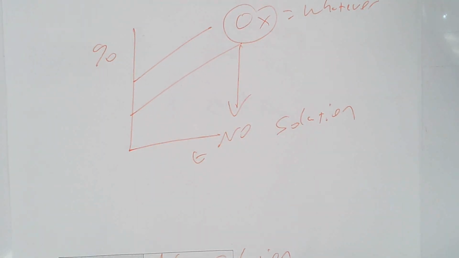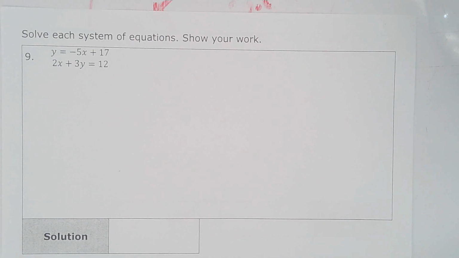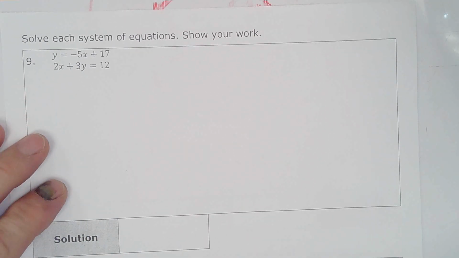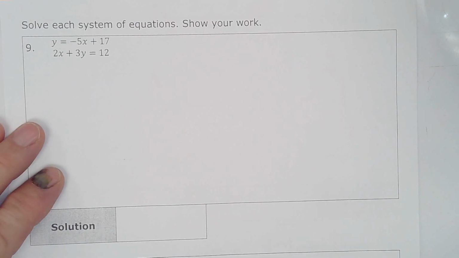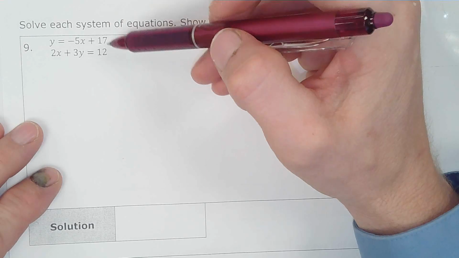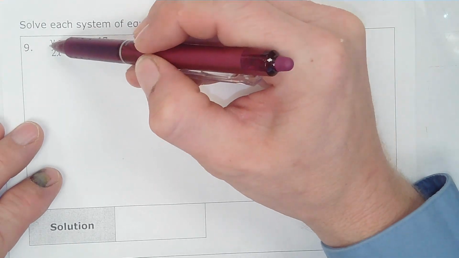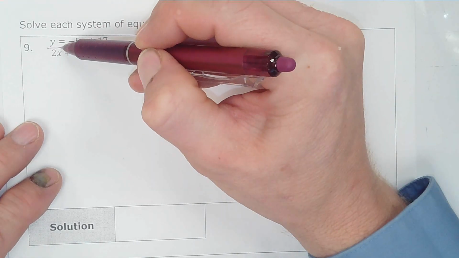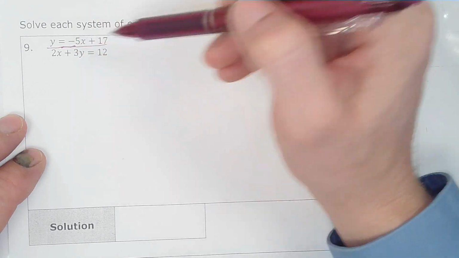Okay. Now on to the easier ones that don't really have any history behind them. I just solve these systems of equations. All right. Now evaluate what you're given. I'm given two equations of lines, and one is already in y equals mx plus b form, slope-intercept form. The other one's not.